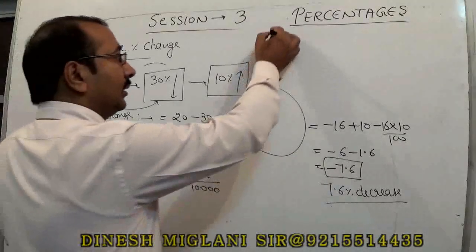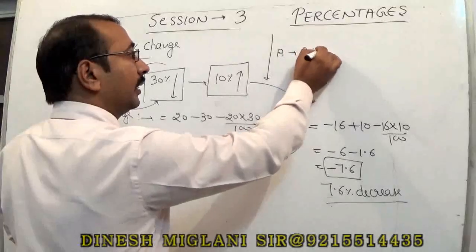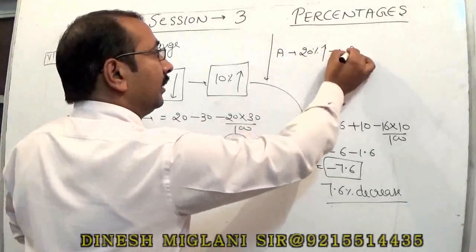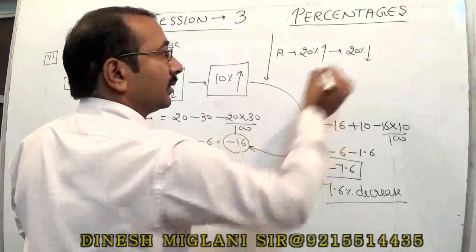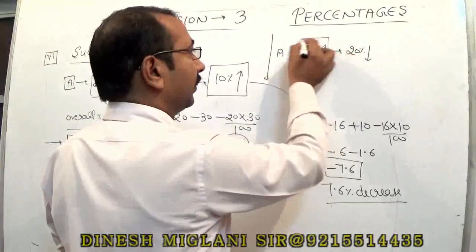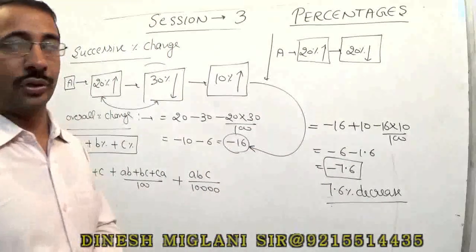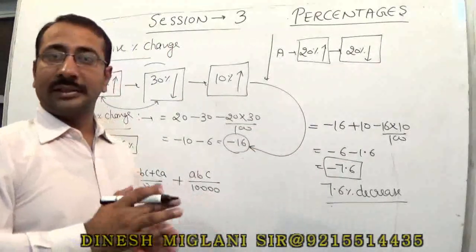Sometimes it is given to you that there is a number A. First it increases by 20%, then it decreases by 20%, and the question is, what is the percentage change?